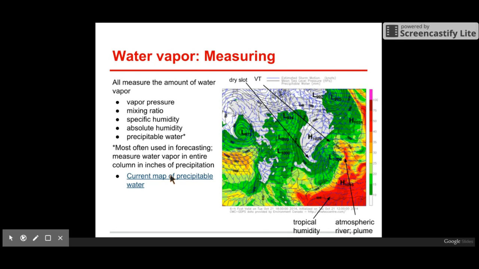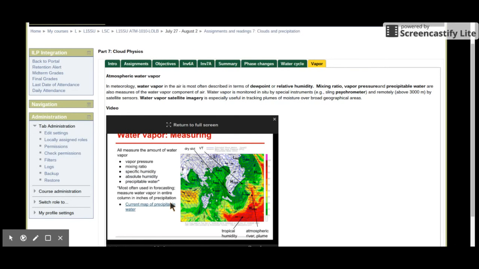We click on a current map of precipitable water for August 3rd. This actually represents a 3-hour forecast valid at 15Z on Monday, August 3rd, 2015. On the left, we see precipitable water, and on the right, the map represents the predicted amount of precipitation that will fall in 3 hours.